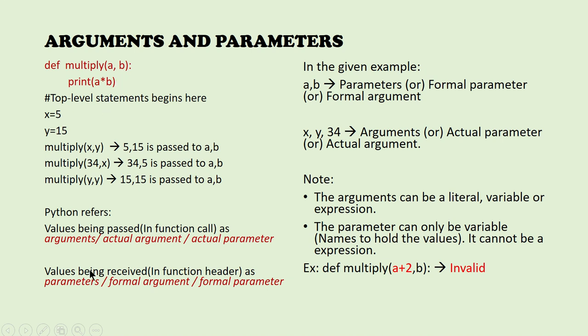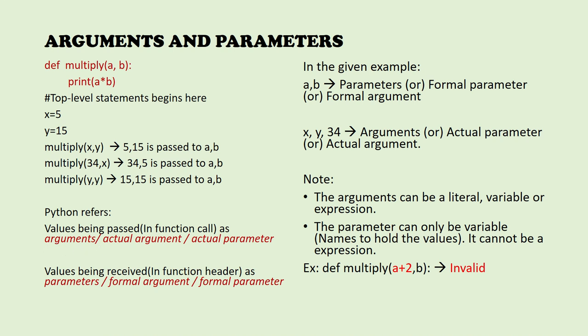So here we need to understand values being passed. What is the value that you pass from the function call statement? That is the value for which you want to do the particular task. So these values are called arguments. That is, in the function call statement, whatever you write is called arguments.